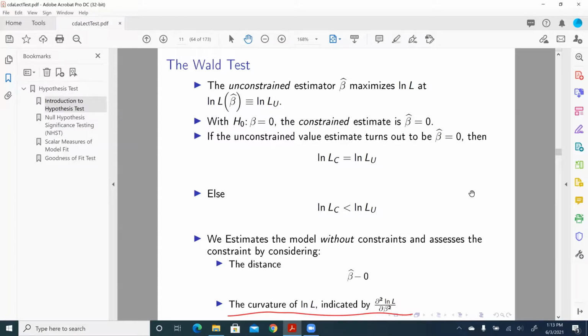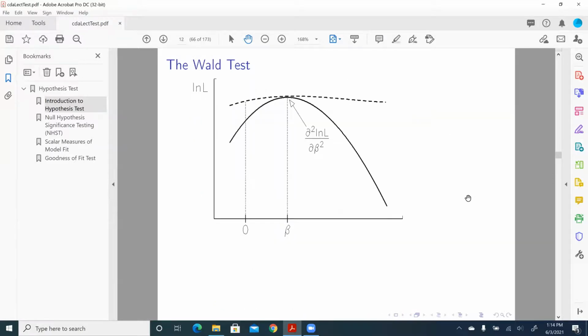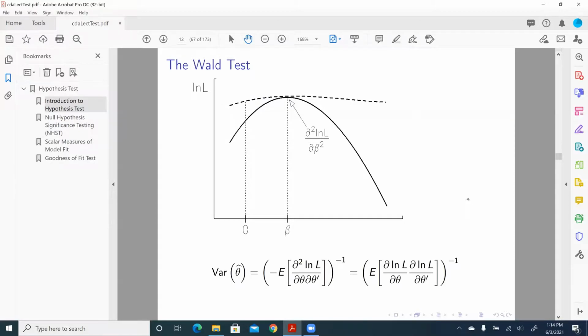As discussed in the previous slide and also this slide, this is the second derivative, the curvature. The greater the value, the smaller the variance. That's a given fact for ML estimators on how to calculate the variance covariance matrix: it's the inverse of the Hessian.